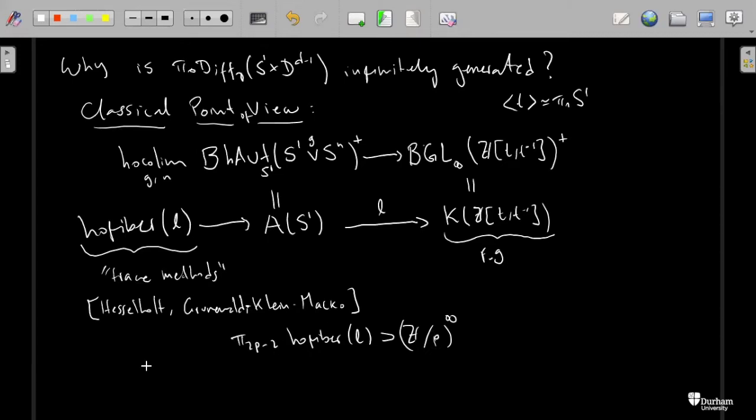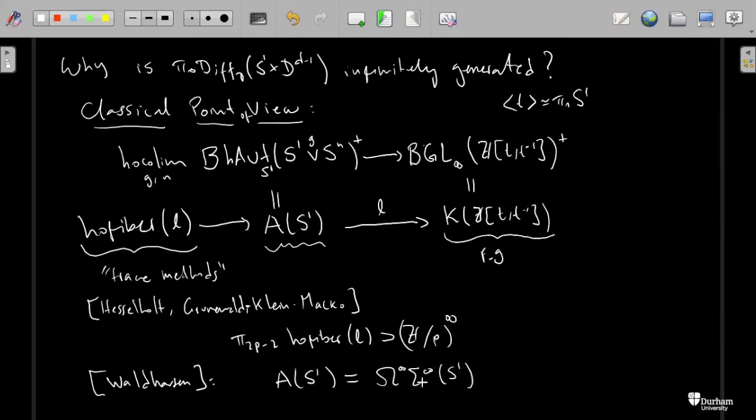Well, the point is that this space here, although in principle it has nothing to do with manifolds, relates to manifolds by a very deep theorem of Waldhausen. So Waldhausen proved that this thing called A of S1 splits as two things. So one is some stable space whose homotopy groups are the stable homotopy groups of S1.